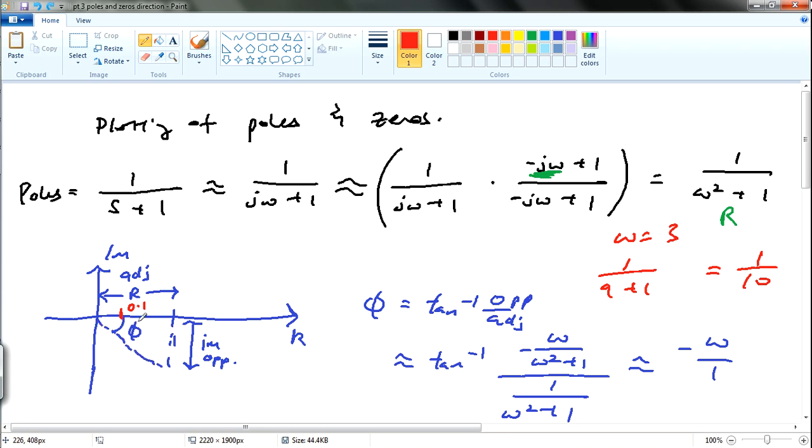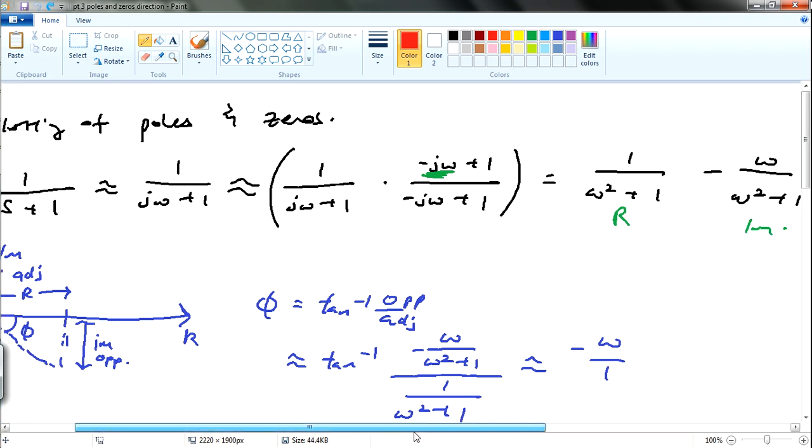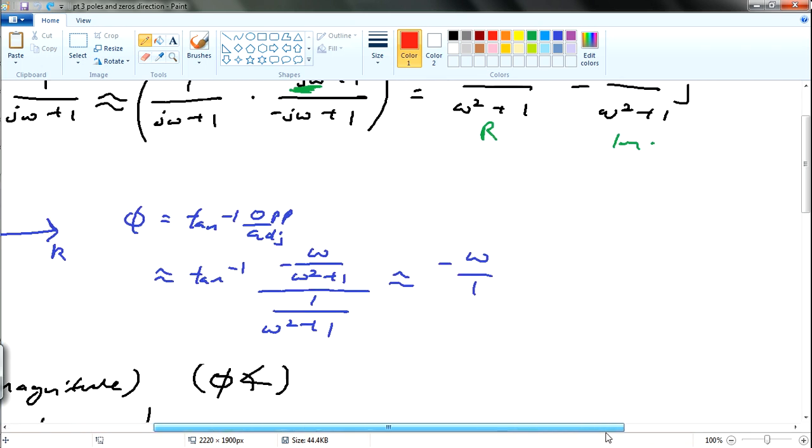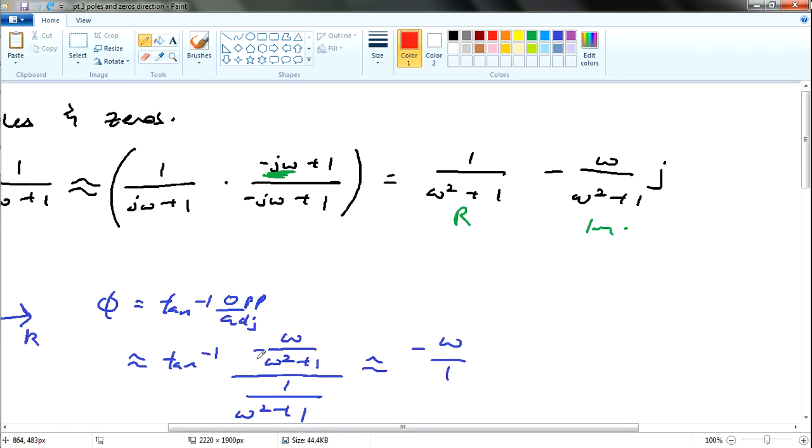So in a more general form, this is what we have over here, and therefore you know that the angle itself can be calculated by opposite divided by adjacent. If you remember, the tangent is equal to opposite divided by adjacent. In our case, the opposite is the imaginary value, which in this case is minus omega squared plus 1.